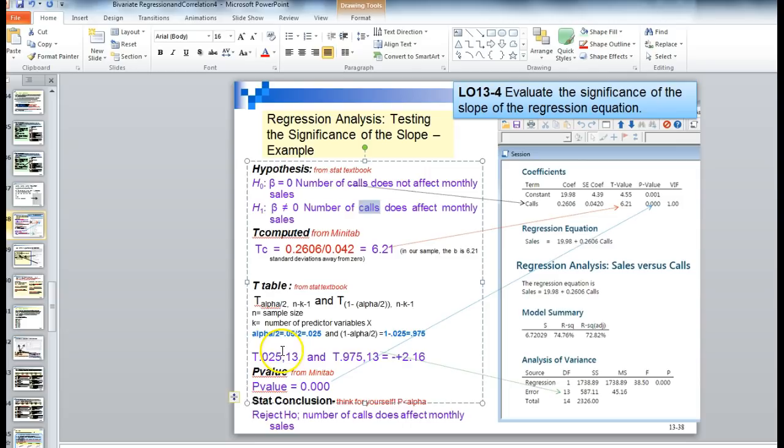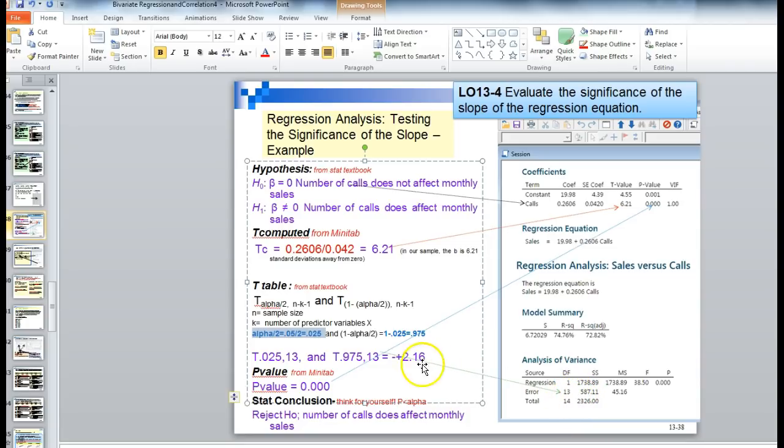So this is going to be alpha over 2, 0.05 divided by 2, which is equal to t.025. N minus k minus 1 will be 13. N is 15, minus k minus 1 would be 13.